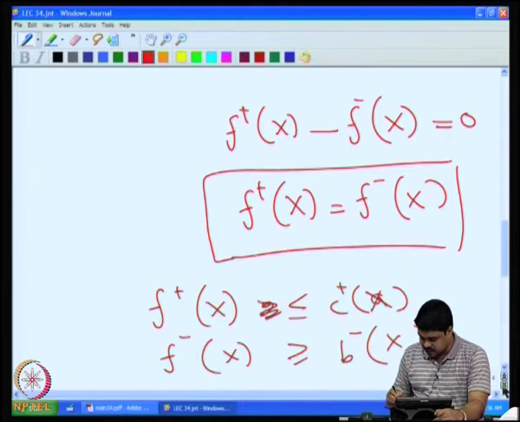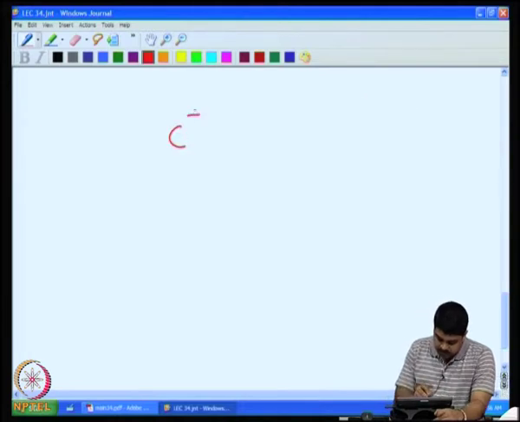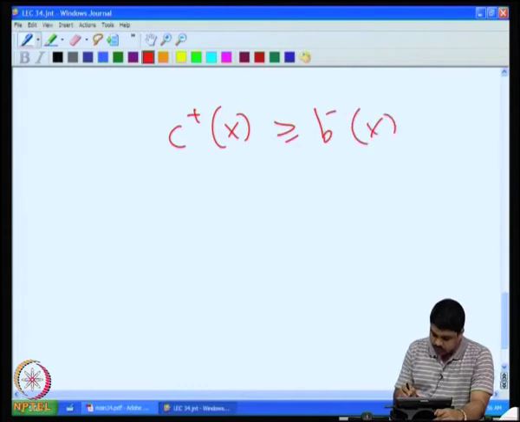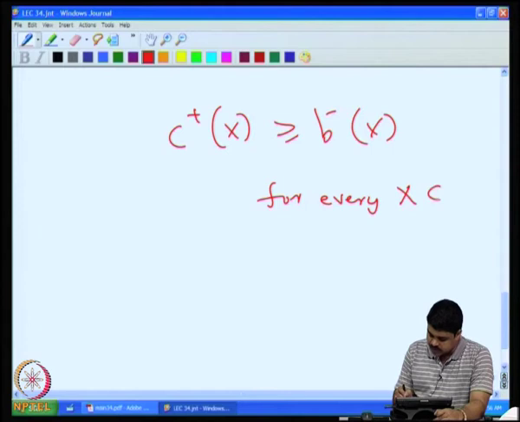So, what we get is c plus of x has to be greater than or equal to b minus of x for every x subset of v.